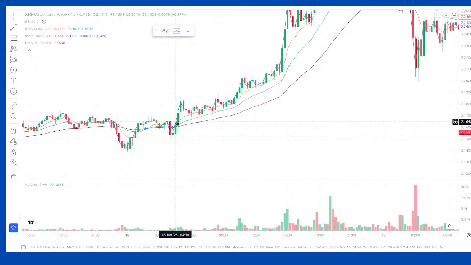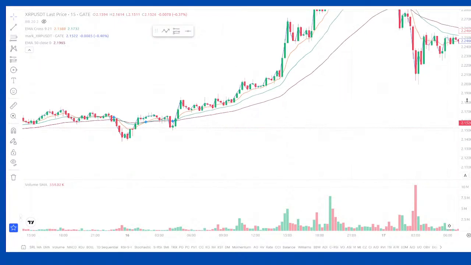Exponential moving average 9 has crossed exponential moving average 21, and you expect the price to rise because the price is above exponential moving average 50. As you can see, once it crossed, the price happened to rise. So that is it.